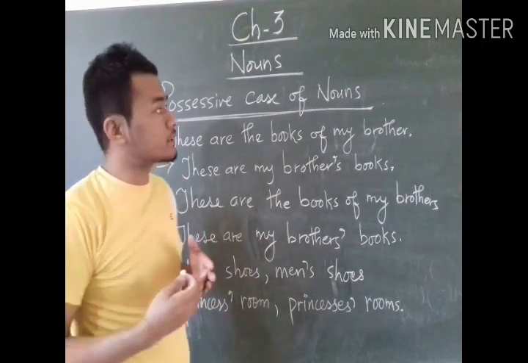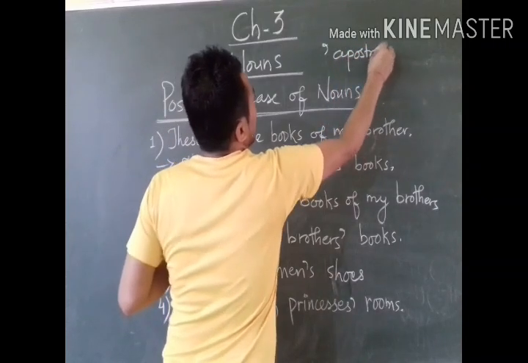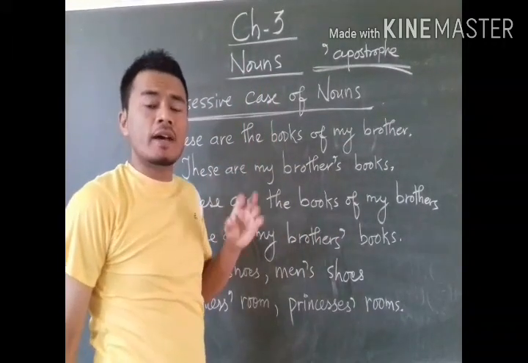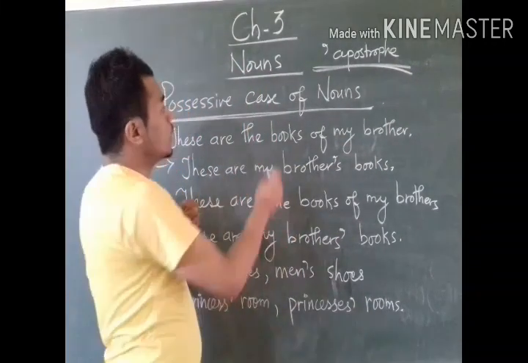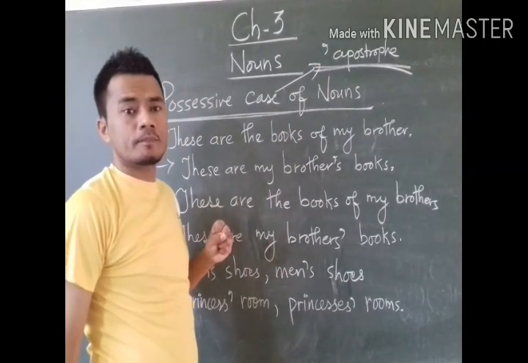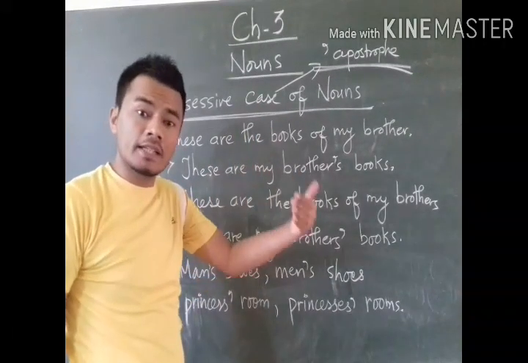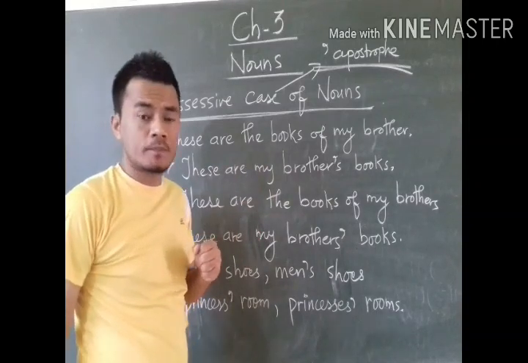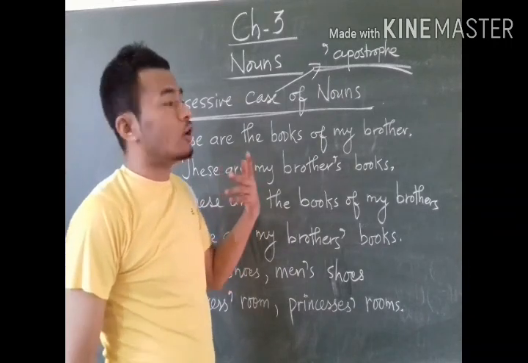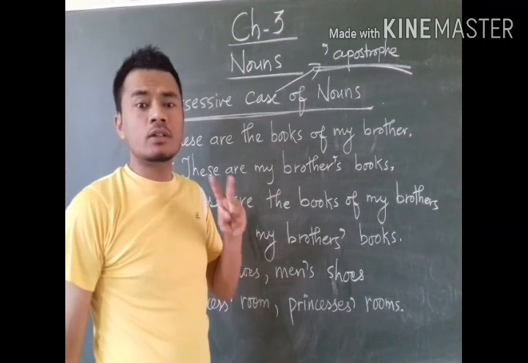I told you that with the use of the punctuation mark apostrophe, we can show the possessive case of nouns. How do we use this apostrophe after the nouns? We have to understand two ways.